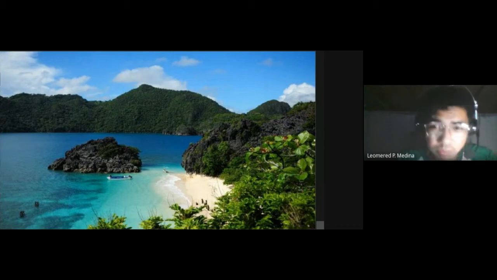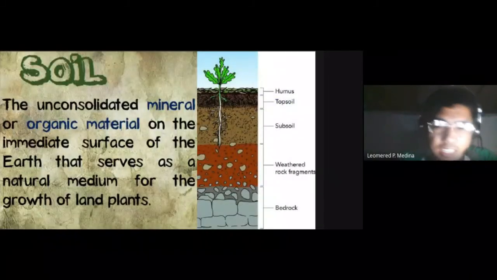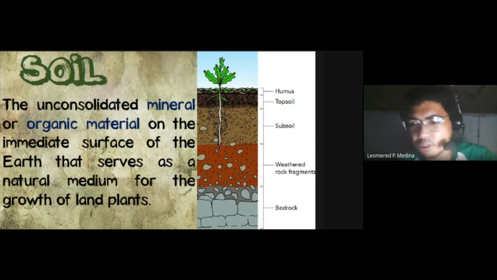So, this is actually some of the wonders of exogenic processes. So, remember, just a recap, whenever we are talking about exogenic processes, there is the presence of weathering, mass movements, erosion, and deposition.